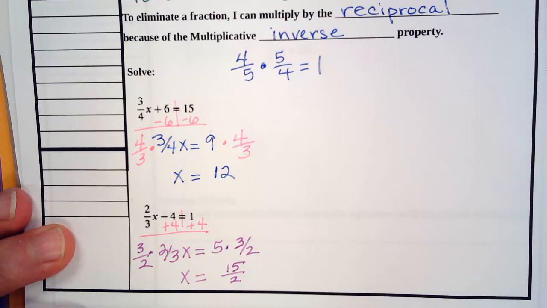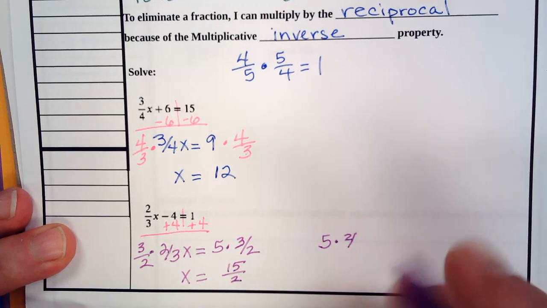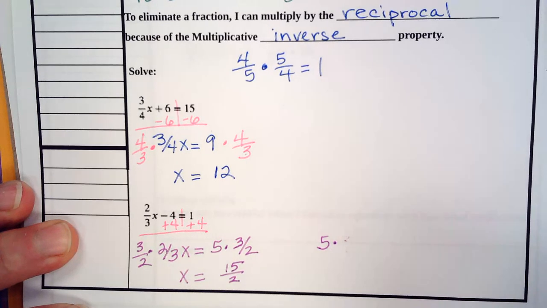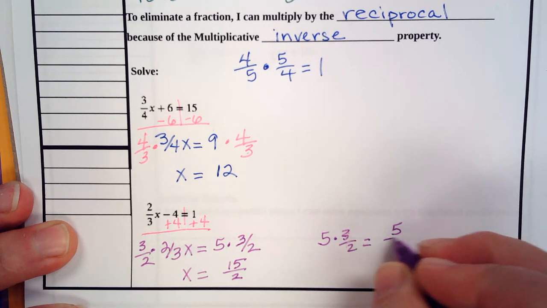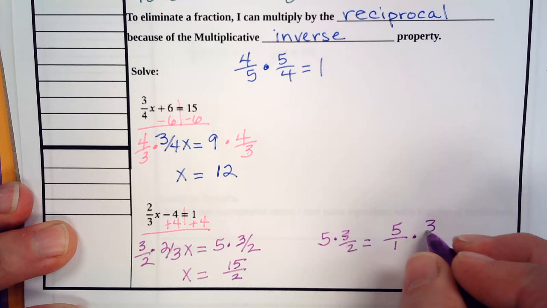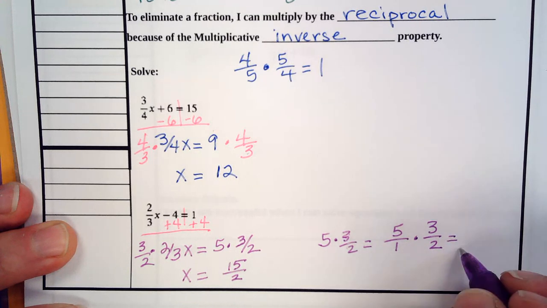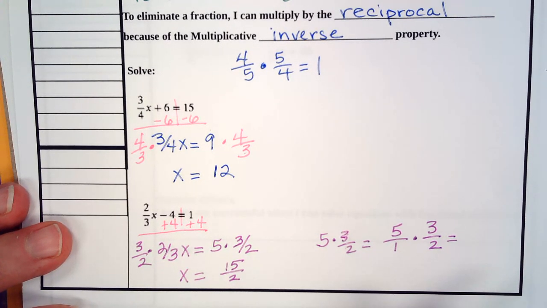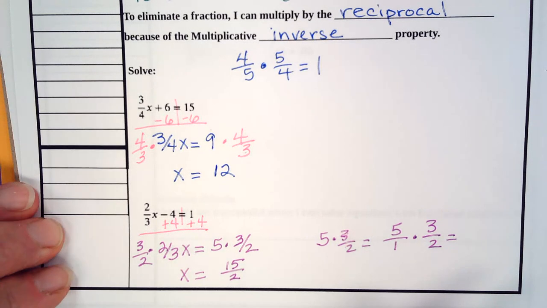This is the same as 5 over 1 times 3 over 2, and then you just multiply straight across. So 15 halves, we are not going to turn it into a mixed number. We will leave it as an improper fraction.